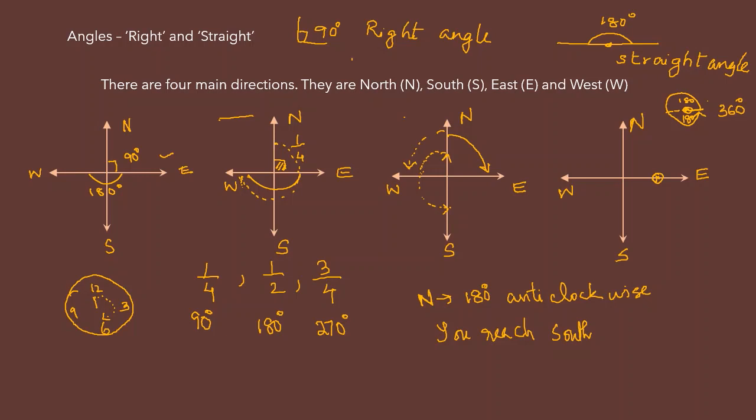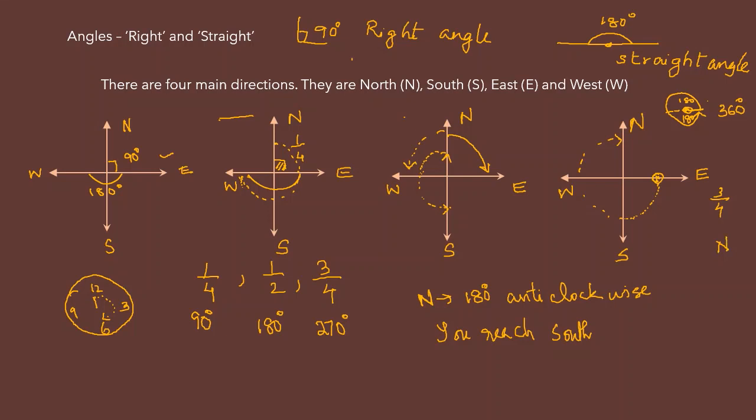You have to move from east in clockwise direction 3/4 rotation. So clockwise means which direction you will move? How the clock hands will be moving, this way. And how much you have to move? I have asked you to rotate 3/4 of the direction. So this is 1/4. This is half. This is 3/4. So where are you reaching? You will be reaching north.